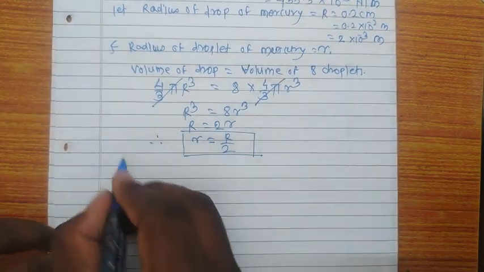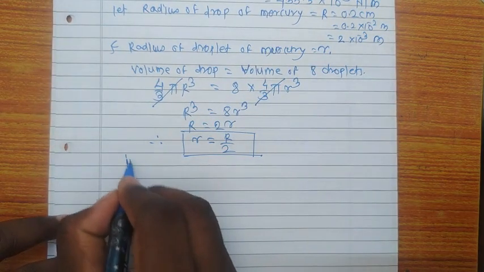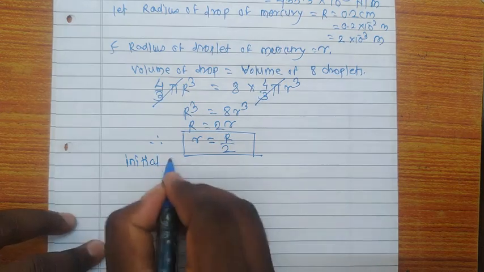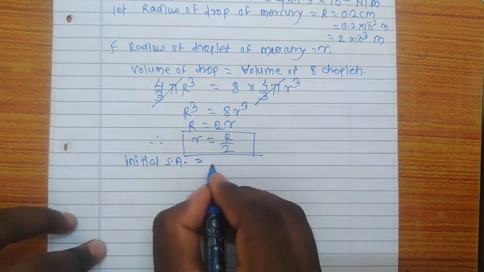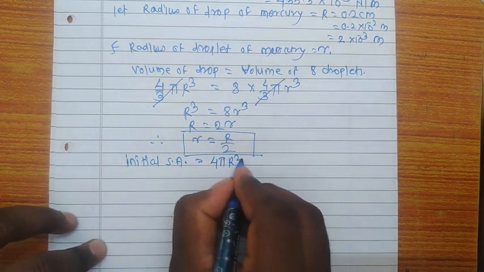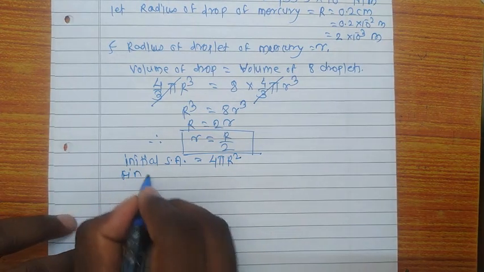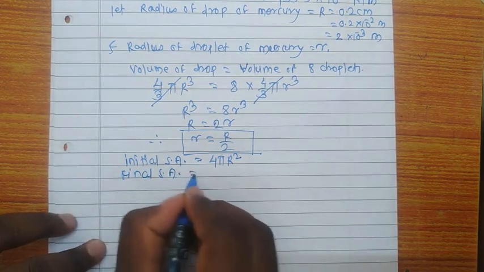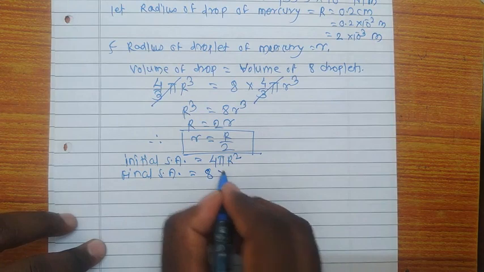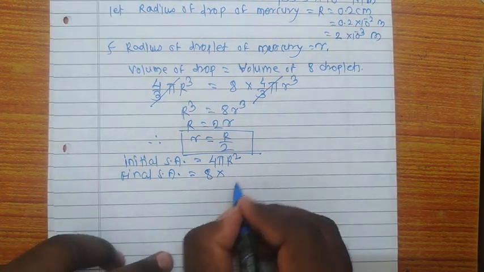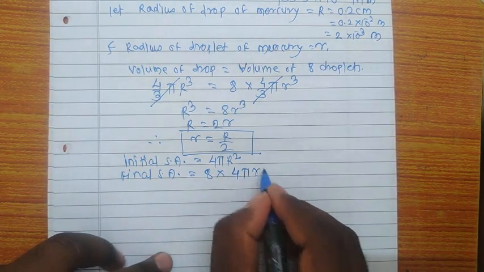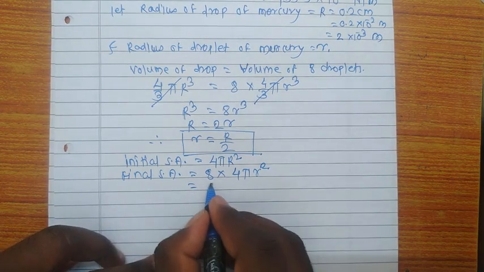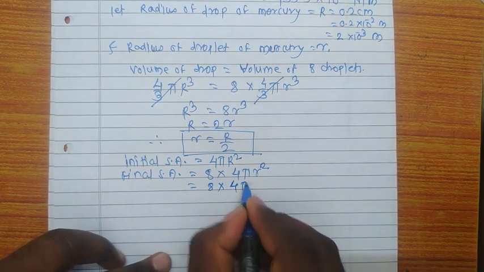So now I'll write initial surface area is equal to 4 pi R square. Getting this? And final surface area is what? Final surface area is equal to, since it is forming 8 droplets, 8 multiplied by 4 pi small r square, which will be equal to 8 into 4 pi.